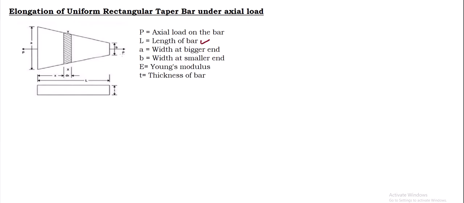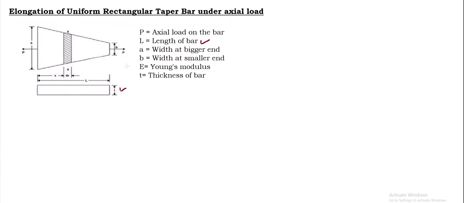The Young's modulus of the material is E, and the thickness of the material I have considered as T. Some nomenclature I have taken for the understanding of the rectangular bar under axial load.